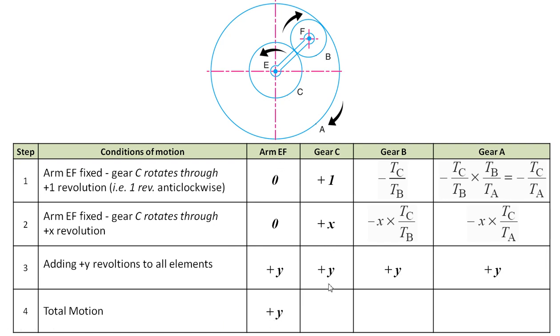For gear C it is x plus y. For gear B it is y minus x into TC by TB, and for gear A it is y minus x into TC by TA. So that is the complete table for our problem.